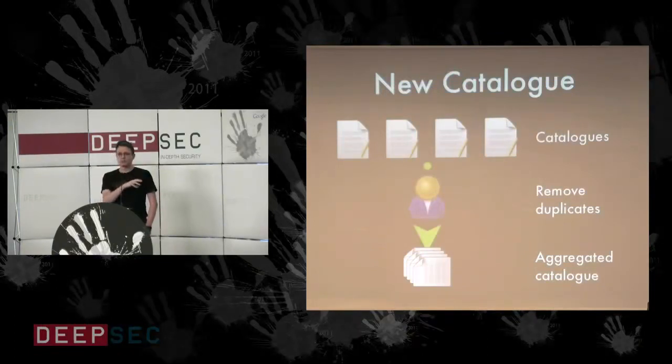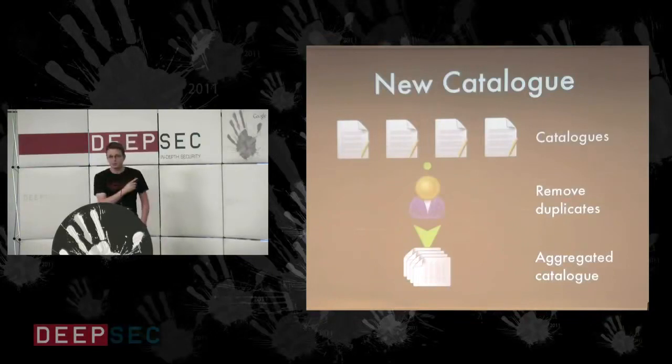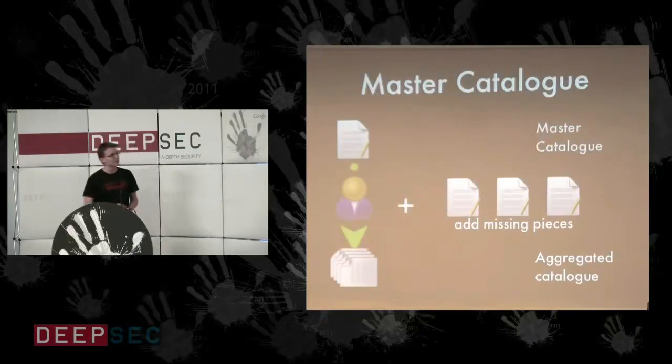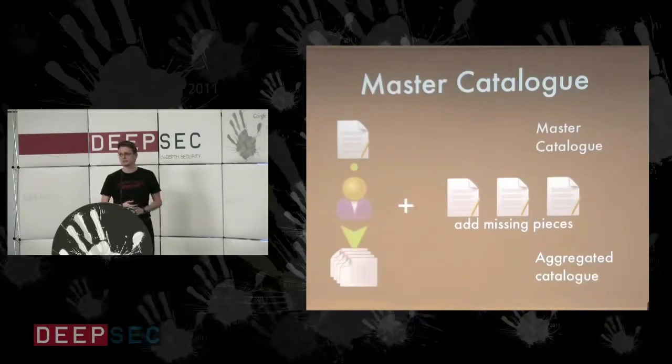The first strategy was, if you have catalogs which don't have any doubles, just remove these duplicates, and at the end you have an aggregated catalog. That's the easiest way, but unfortunately it doesn't work all of the time, because the catalogs usually have some intersections. So the second strategy was, you take a master catalog and then you just add the stuff which is not already in there.